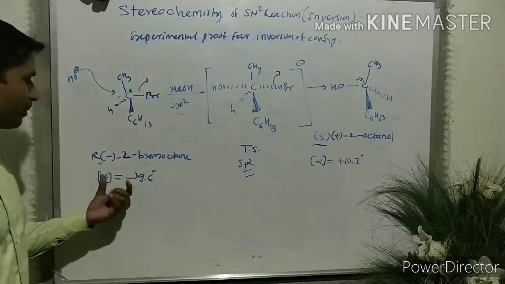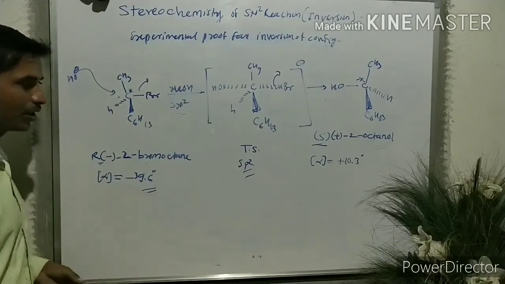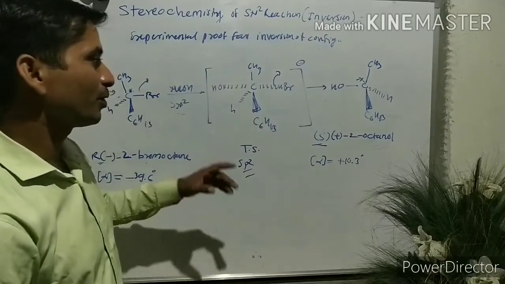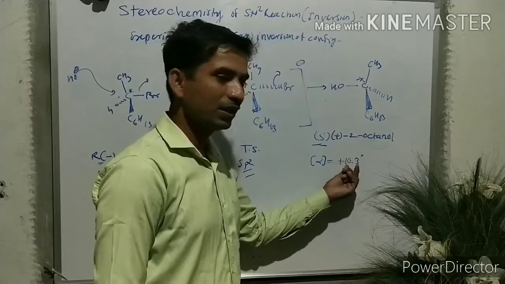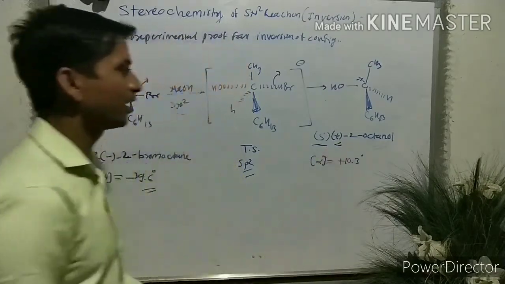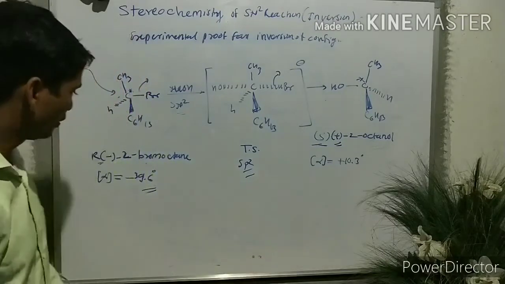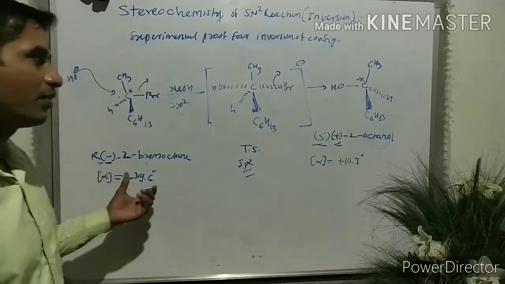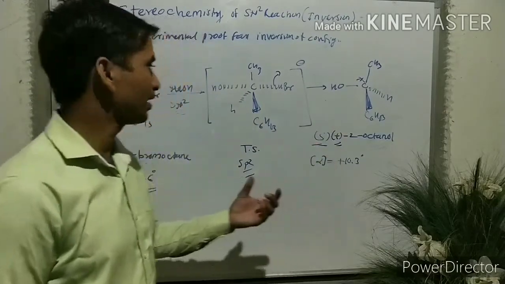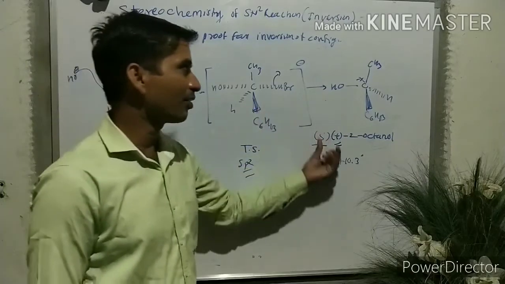If we compare the specific rotation, here it is minus 39.6. After the formation of the product, the specific rotation becomes plus 10.3. So here is a plus sign, and here is a minus sign. This indicates a change in specific rotation. This shows that there is a change in configuration, because the reactant has an R configuration and the product has an S configuration.